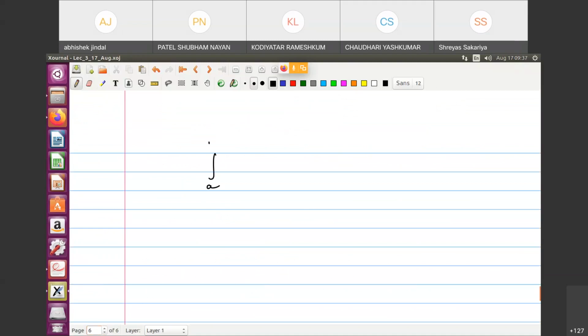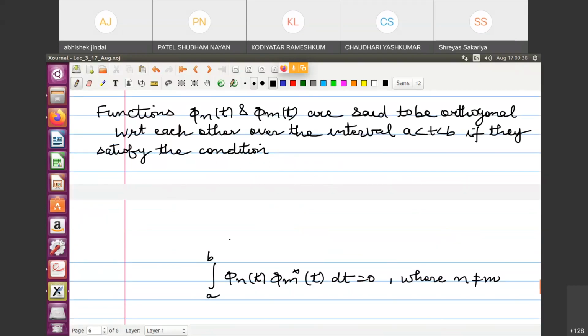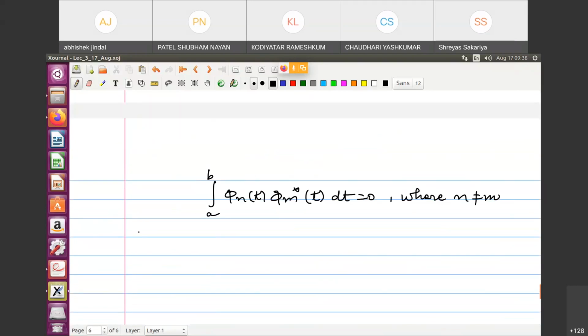Integration a to b phi n(t) phi m(t) dt. I think I have already mentioned it for minus infinity to infinity, but for the sake of completion I need to mention this because I need to write one thing after this. If they satisfy the condition, they are called orthogonal functions.